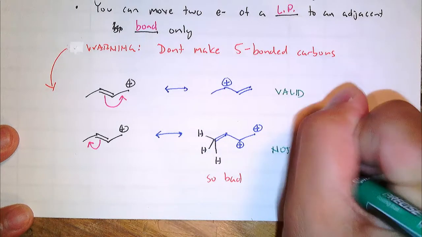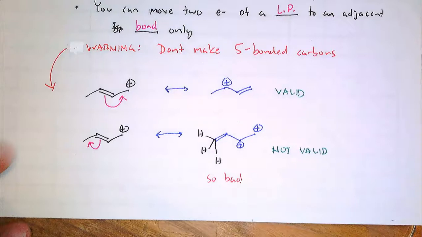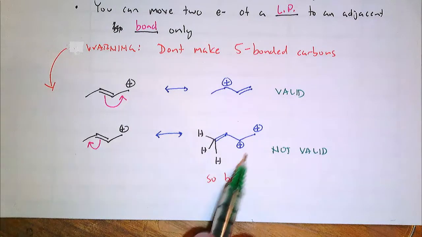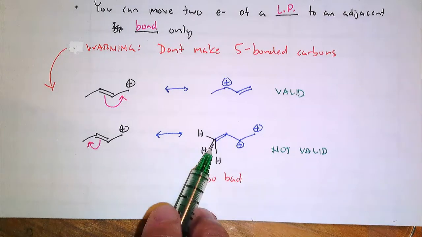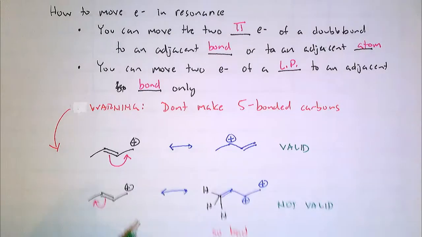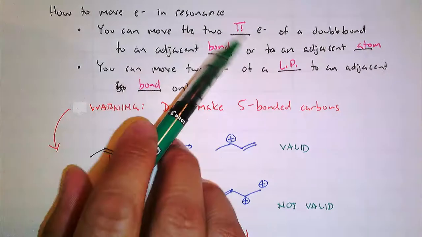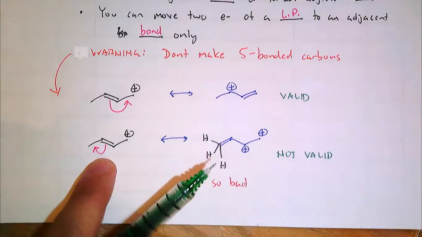Not valid. There are many reasons why this is not valid. Like, you don't want to have 2 plus charges next to each other, but you definitely don't want to have a carbon with 5 bonds. So even though we follow this rule, you've got to be aware of your hydrogens.